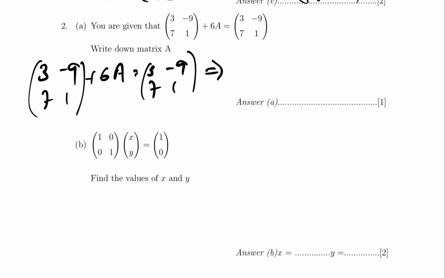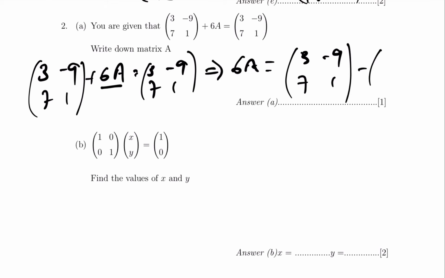So 6a will be equal to the matrix 3, -9, 7, 1 minus 3, -9, 7, 1.